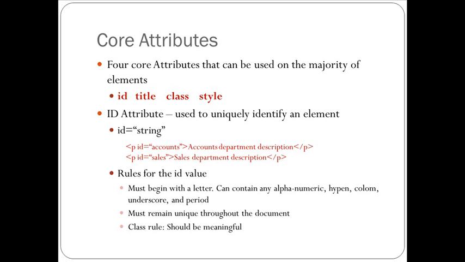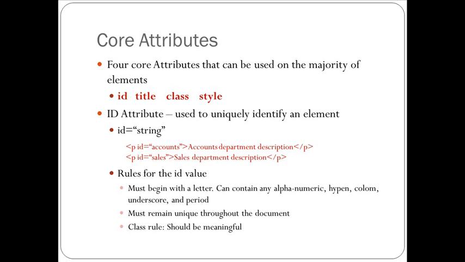There are a couple rules in naming convention, and actually this applies to the ID as well as many others like the class, but it must begin with a letter. It can contain alphanumeric characters, either uppercase or lowercase letters, numbers, hyphens, colons, underscores, and periods. But it must begin with a letter.